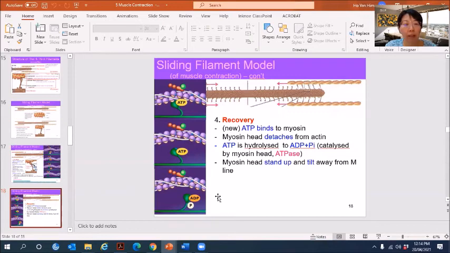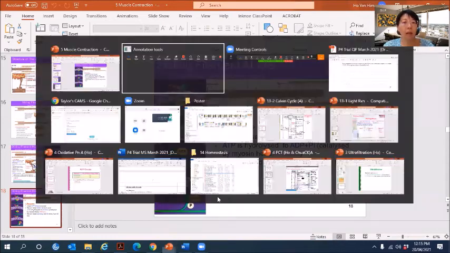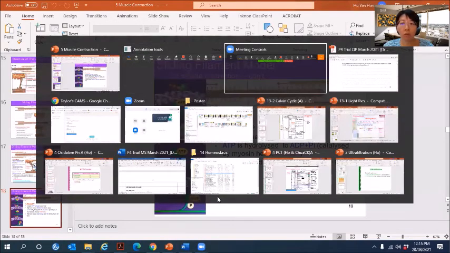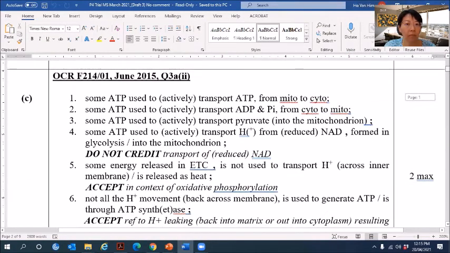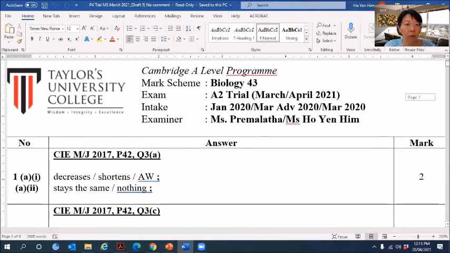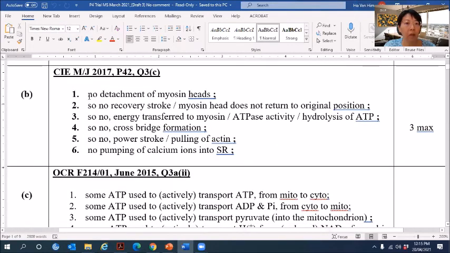So based on all the information that is related to ATP, you need to write everything that is related to the ATP. Yeah? So let's look at the mark scheme answer. First, the question asks what happens when there's a lack of ATP, which means no ATP.